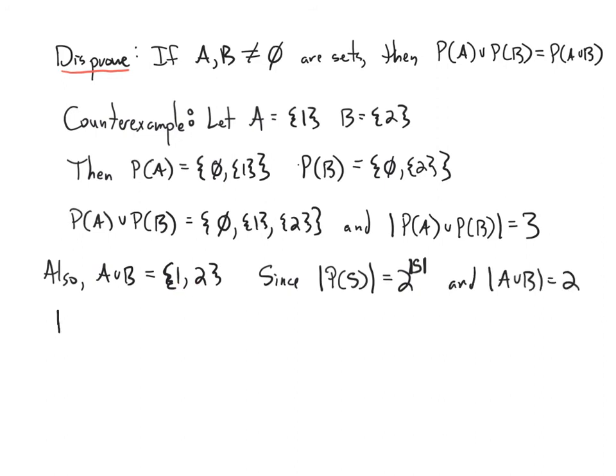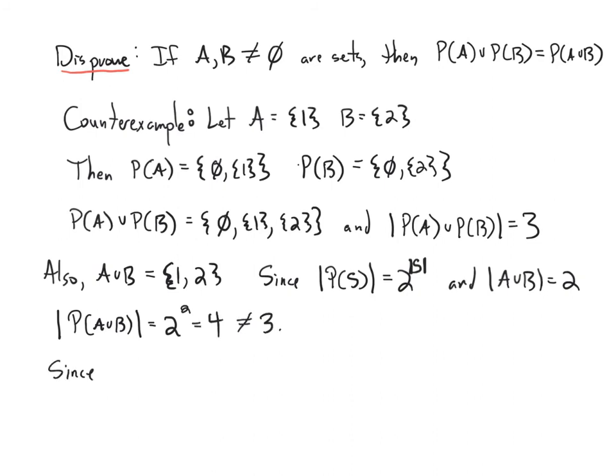So the cardinality of the power set of A union B is 2 to the cardinality of A union B, which is 2 squared, which is 4. And 4 doesn't equal 3.